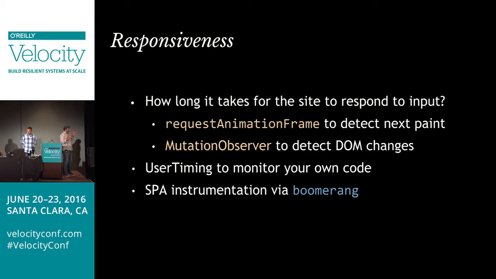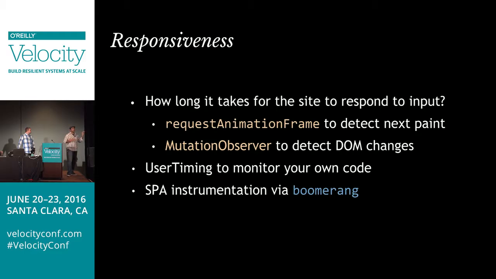Responsiveness, so again, using request animation frame. Nick's already shown how to measure frame rate, but we also know that request animation frame fires when the browser is ready to paint something. So let's say the user clicks on a link or types in some text. We want to know how long the browser took to actually react to that. We can use request animation frame on the event handler of that click or key press to see when the browser was next ready for drawing something on screen.